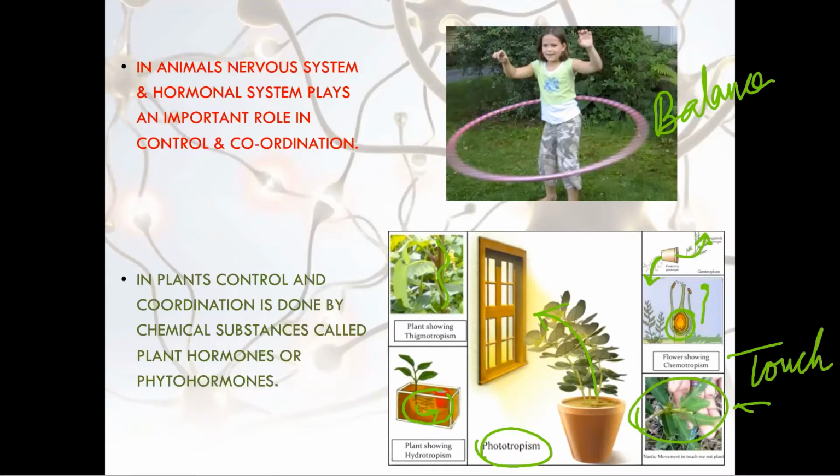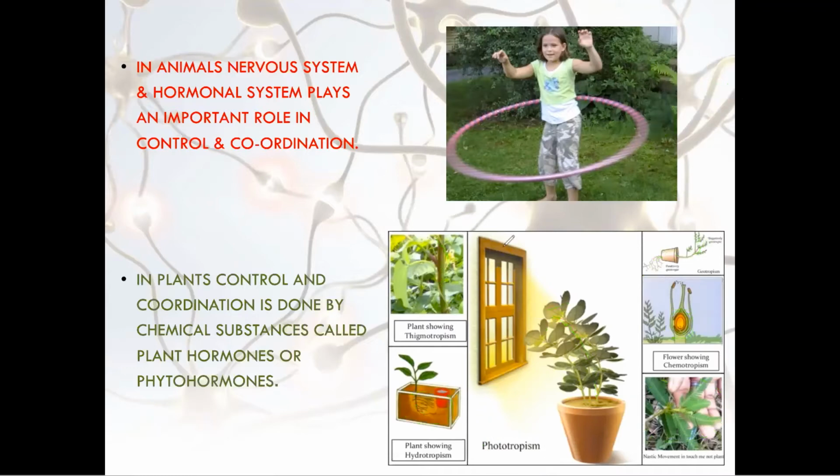So plants as well as animals show all kinds of movements, but in animals these movements are controlled by the hormonal system and nervous system, whereas in plants they are controlled by hormones, and those hormones are known as phytohormones.